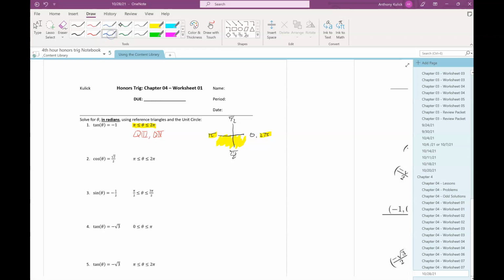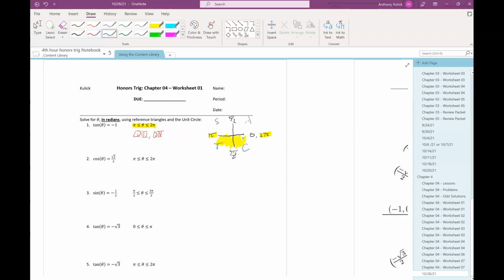And then from chapter 2, I remember that all silly turtles crawl was an acronym we used to determine where sine, cosine, and tangent is positive or negative. The A tells us that in quadrant 1, all of sine, cosine, and tangent are positive.